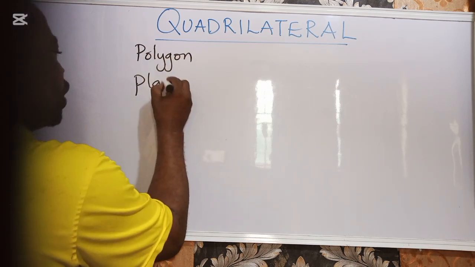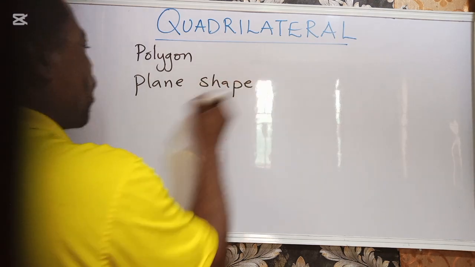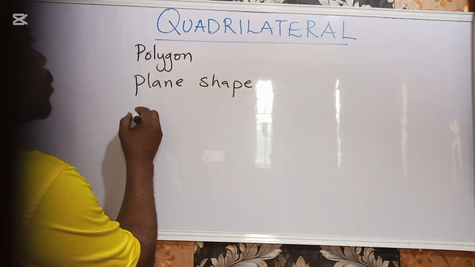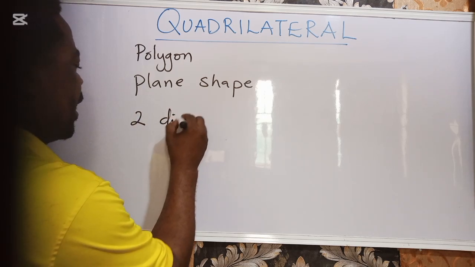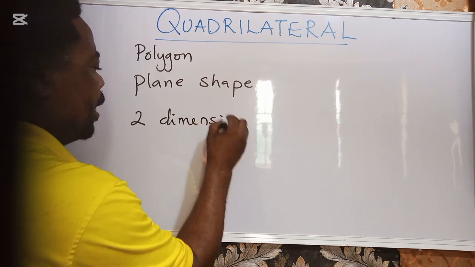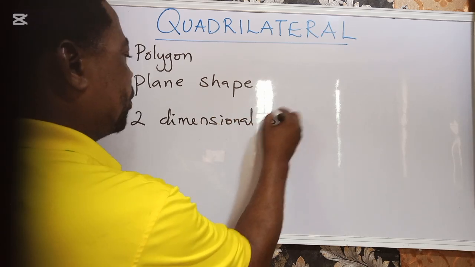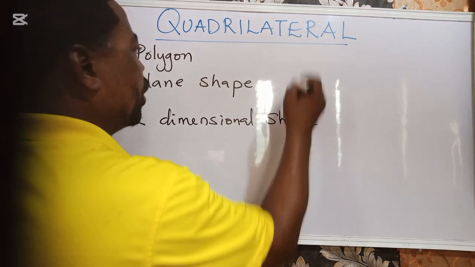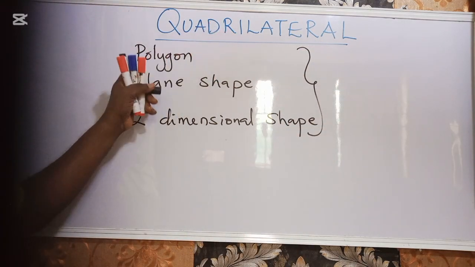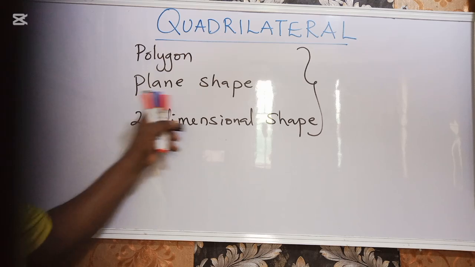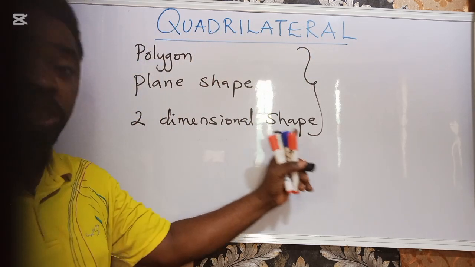They are plane shapes, and they are also two-dimensional shapes. So if you want to define them, you can put these three. Say a quadrilateral is a polygon, a quadrilateral is a plane shape, or a quadrilateral is a two-dimensional shape.